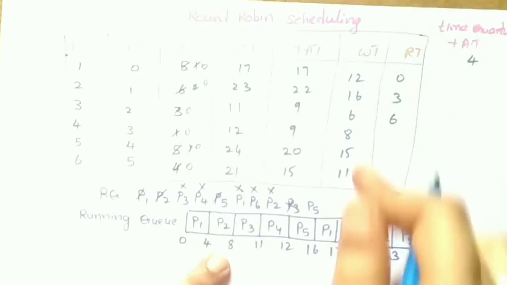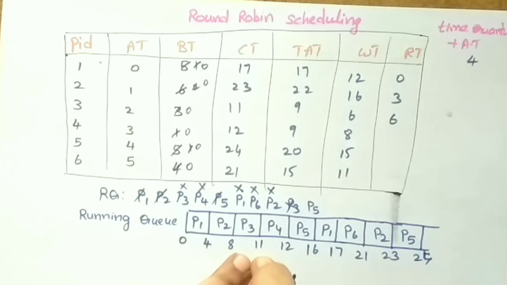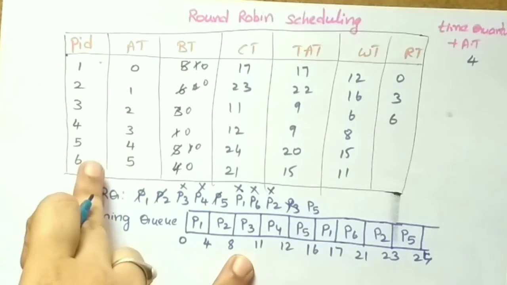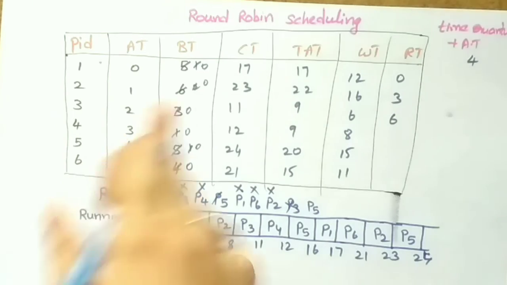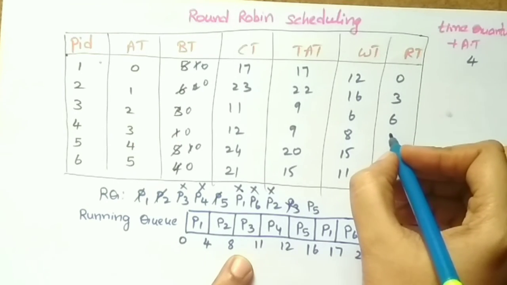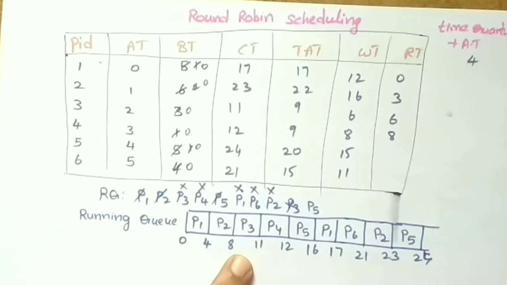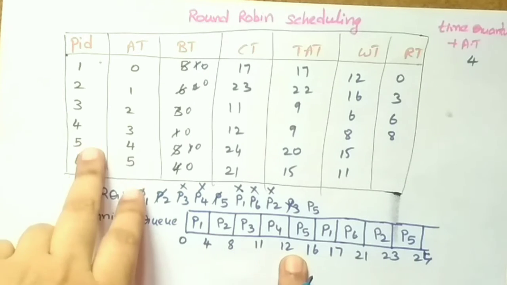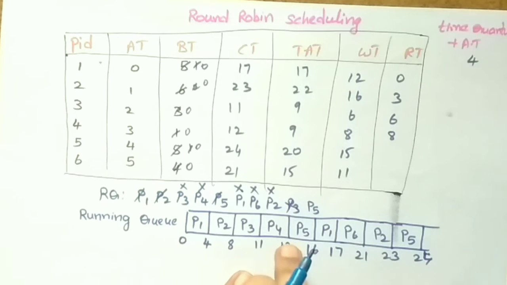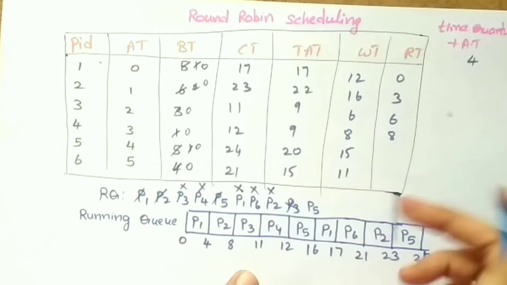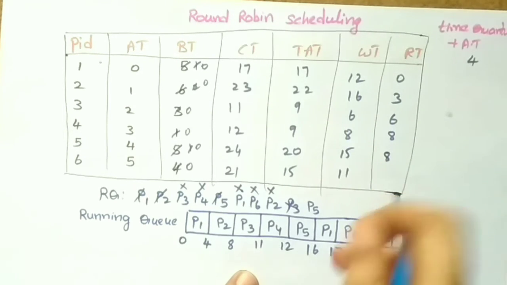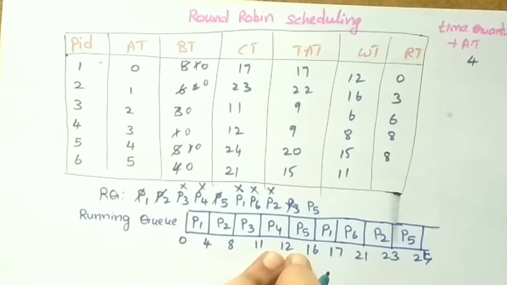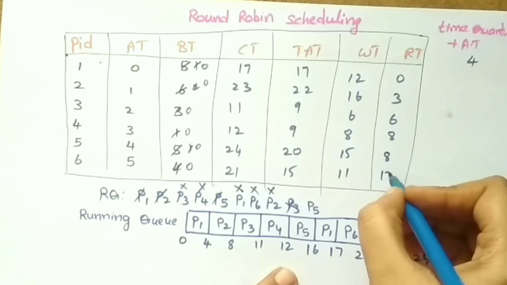For P4 the first time is 11. So 11 minus 3, it is 8. And the next one is the P5. For the P5, 12 is the first time. So 12 minus 4, 8. And P6, 17 minus 5, that is 12.